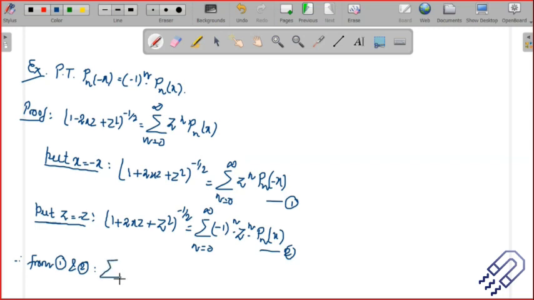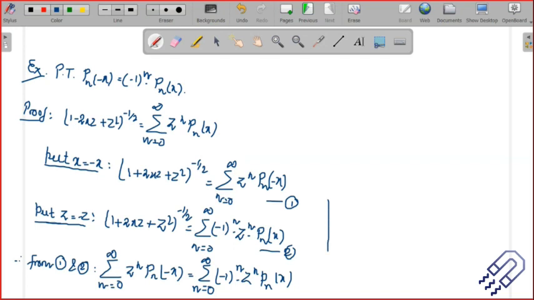So let me just take the summation n = 0 to infinity of z^n P_n(-x) is equal to the summation n = 0 to infinity of (-1)^n z^n P_n(x).